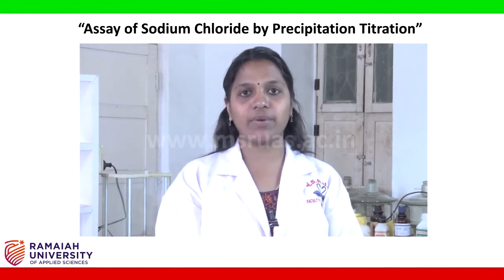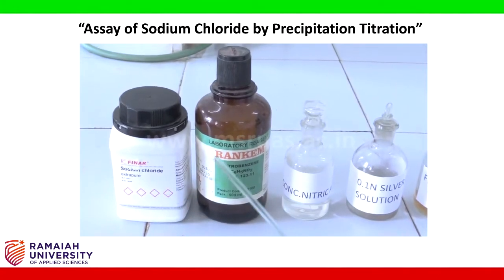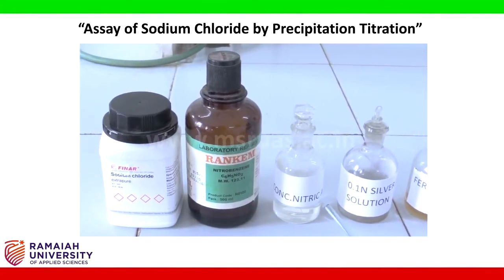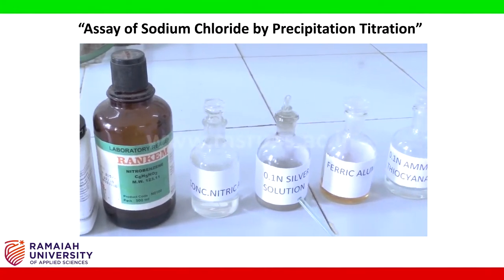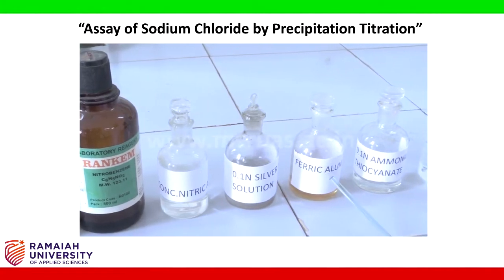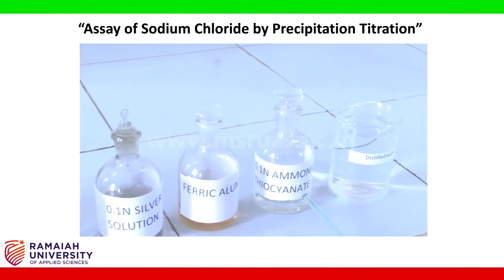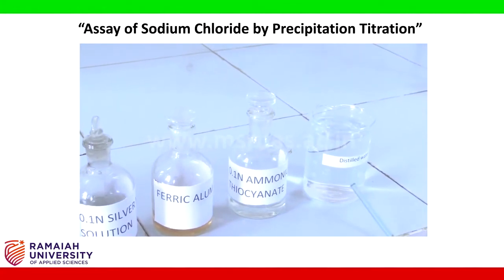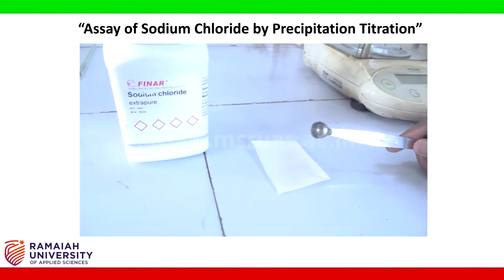The chemicals required for this experiment are sodium chloride, nitrobenzene, concentrated nitric acid, 0.1 N silver nitrate solution, ferric alum indicator, 0.1 N ammonium thiocyanate, and distilled water. Weigh 0.1 gram of sodium chloride.